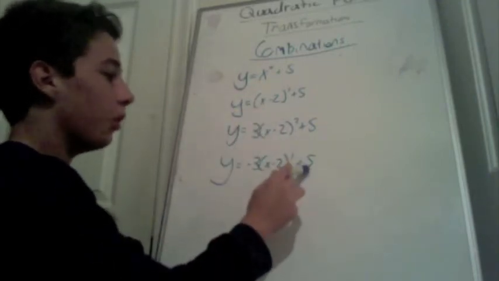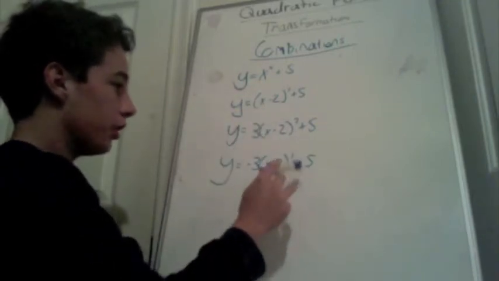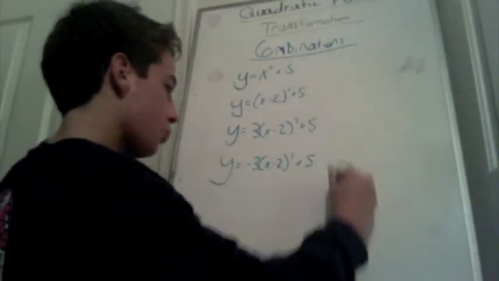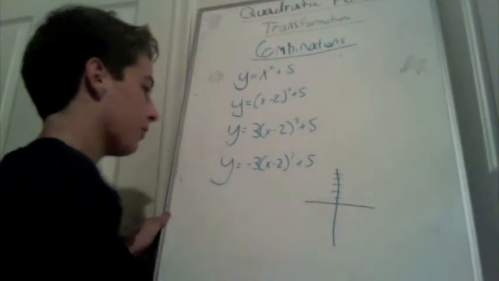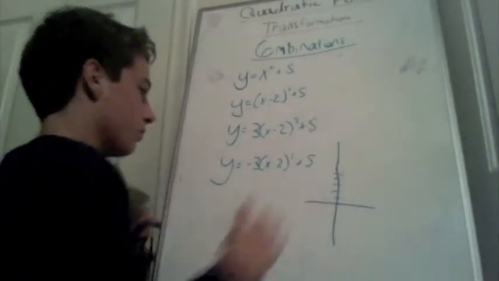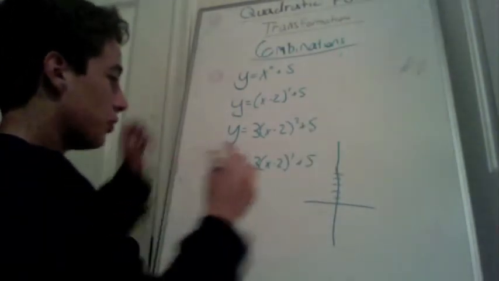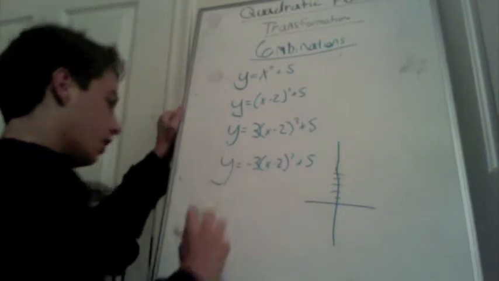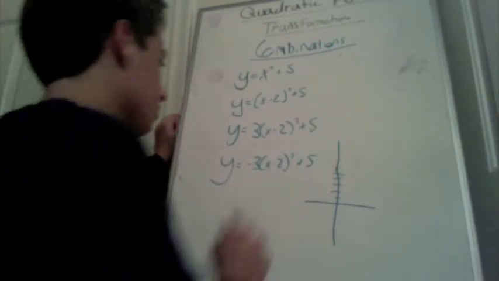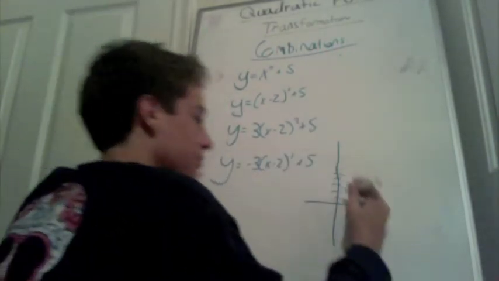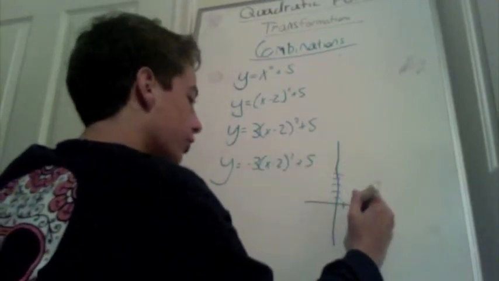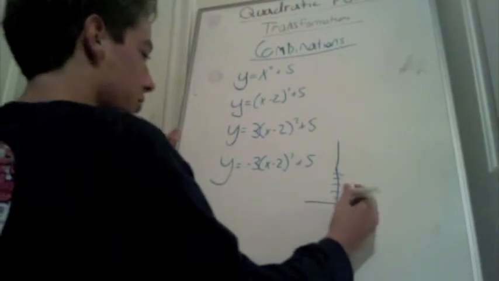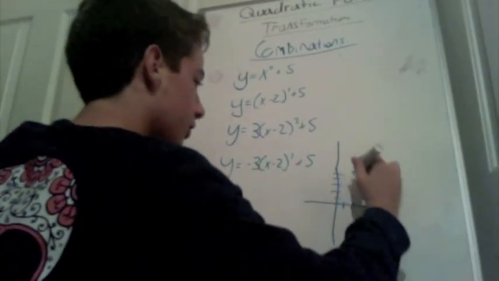So we've got the y-intercept translation going 5 up. We have the x-intercept translation, which, even though we're taking away, we go right 1, 2. So our vertex is going to be right there.